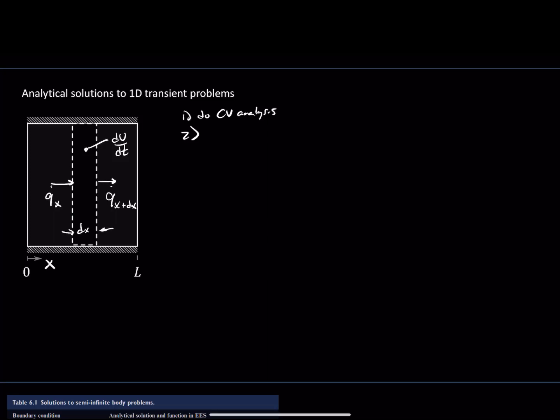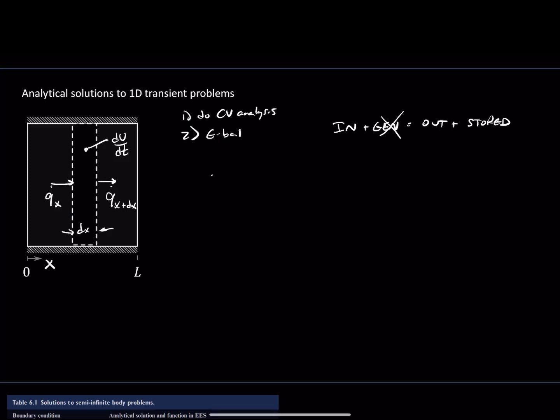And then second, let's do the energy balance. The energy balance is again in plus generated is equal to out plus stored. We don't have any generated in this case, but we do have in, out, and stored.